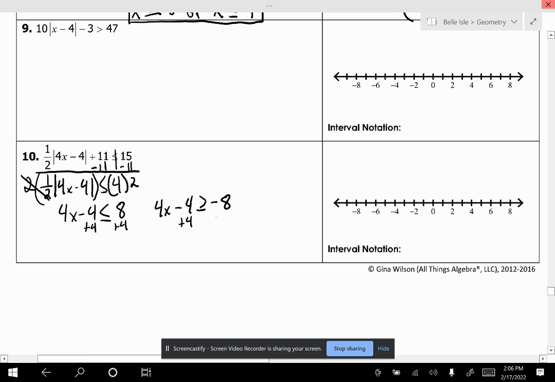I have a question about number 10. Yeah, what's up? I got a number that's not on the answer sheet. Oh, what do you mean? I got -12 for the other problem.